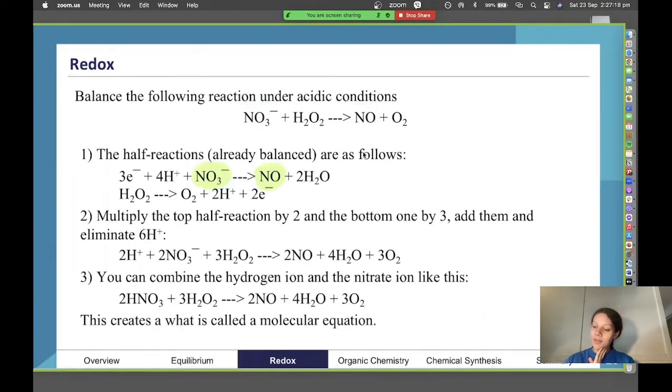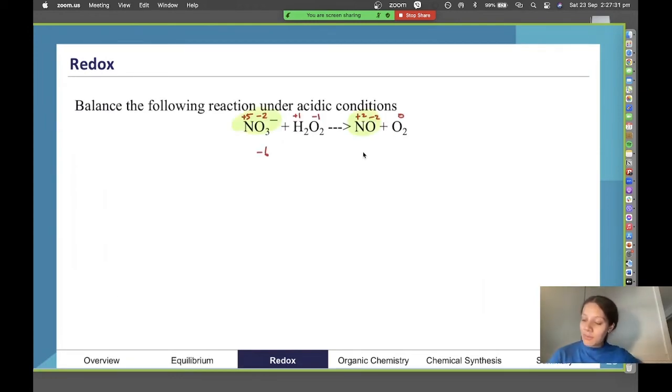And then for our oxidation half equation, we have our H2O2, forming our O2. So like we saw before, oxygen went from -1 to 0. So this oxygen to this oxygen.